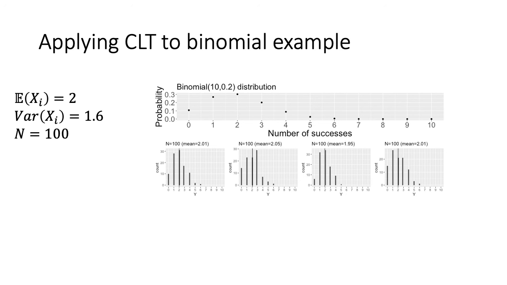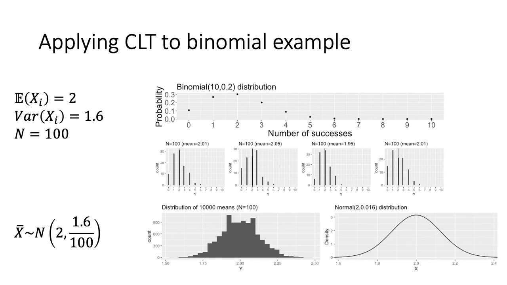So we're now in a position to work out exactly what the distribution of the mean is in this case. We know that the distribution of the mean is normal with mean 2 and variance 1.6 over 100. So what we see in the bottom of this slide is first a histogram showing the distribution of 10,000 means.